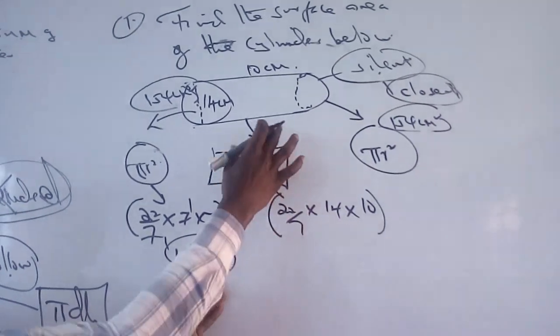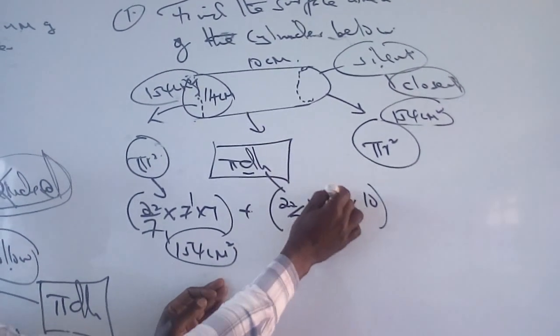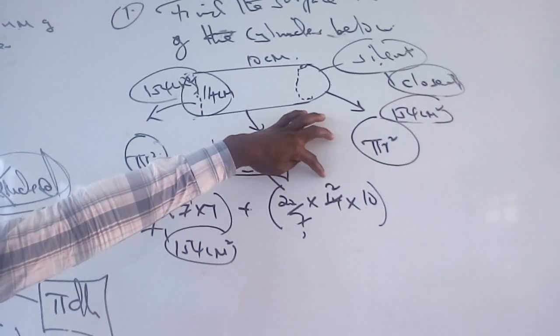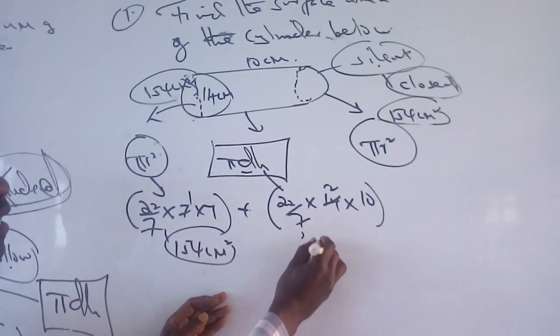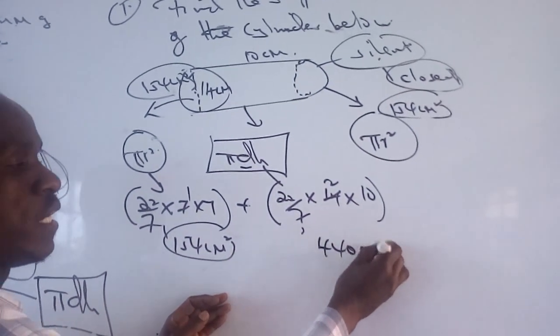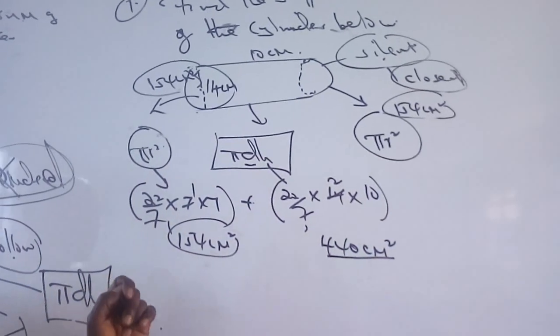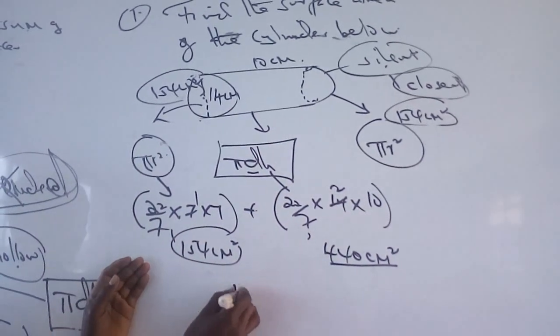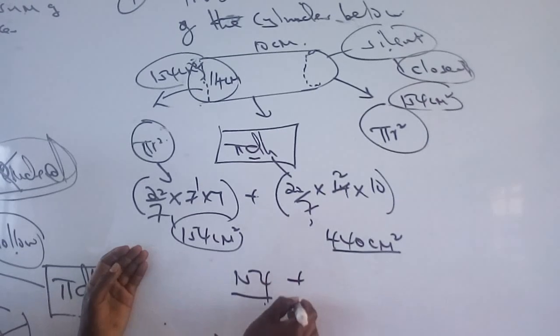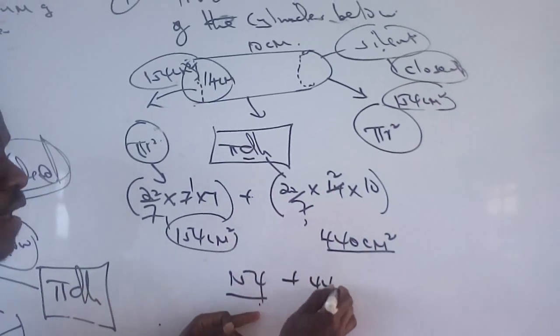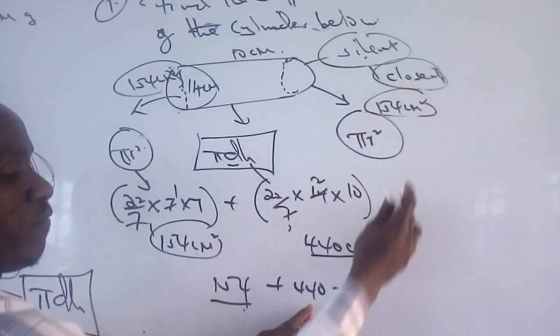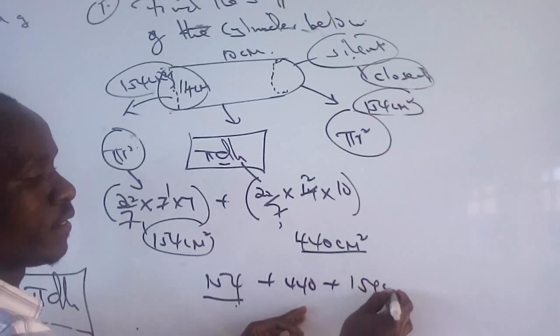Then the curved surface: 22 times 2 is 44, and 44 times 10 is 440 centimeters squared. So our surface area will be 154 for one circle, plus the curved surface 440, plus 154 for the other circle.